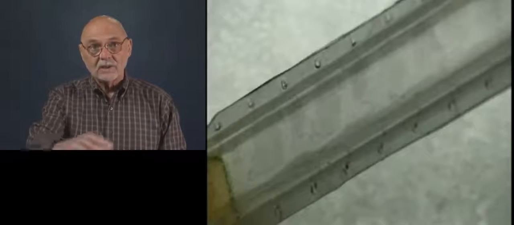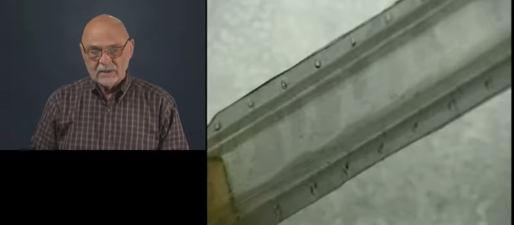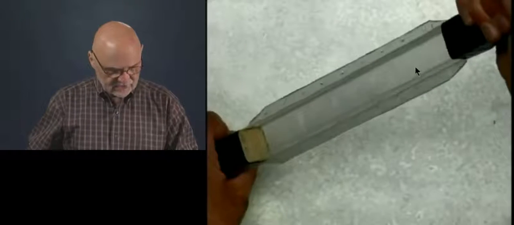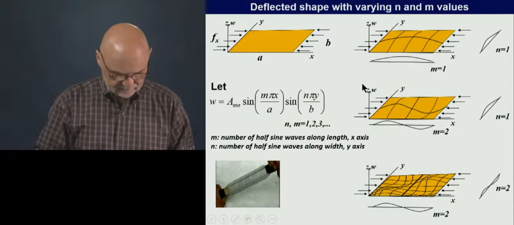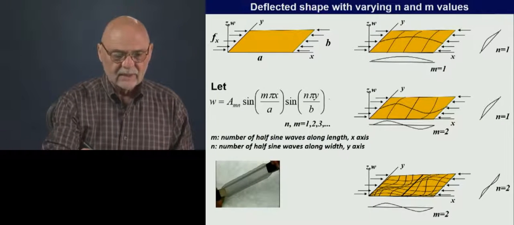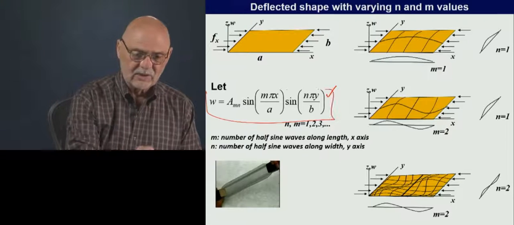What we see across the beam is like a half sine wave. And along the beam, we have a series of several half sine waves going along the beam. So just by that observation, it looks like the solution here is to guess something that looks like this.